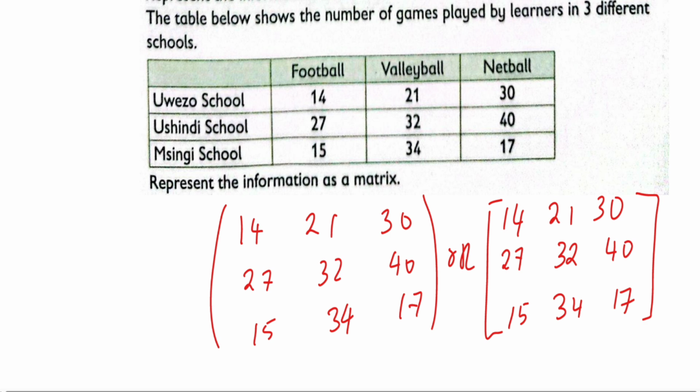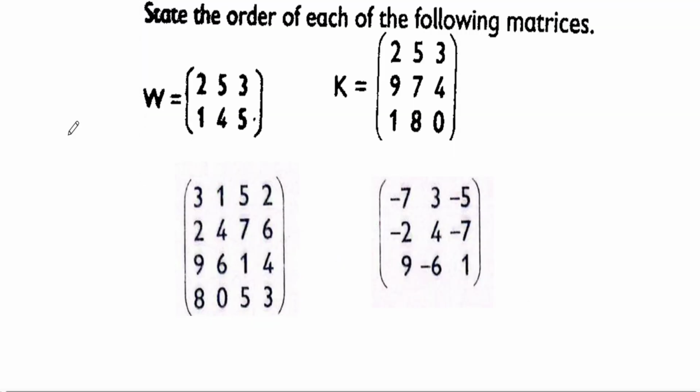Shall we continue? Now to expound on matrices, you've been told to state the order of each of the following matrices. We have W, K, Y, N, whichever letter you can take.